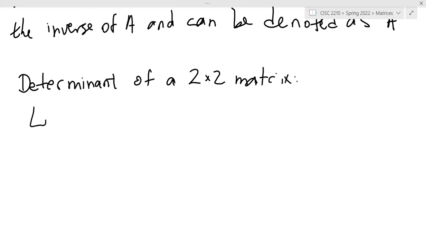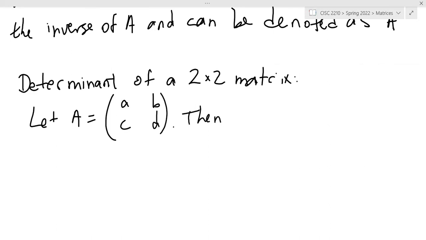Let's say we have a matrix A, which contains some elements. We'll call them a, b, c, and d. The point is they could be any numbers. Then the determinant of A, which we write as det of A, is equal to ad minus bc. That's it.